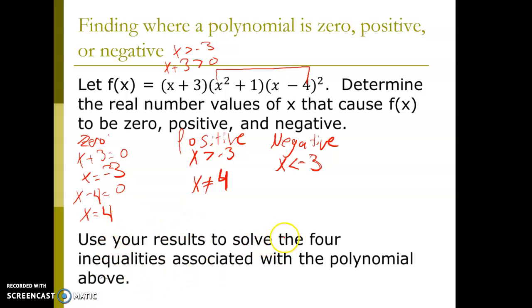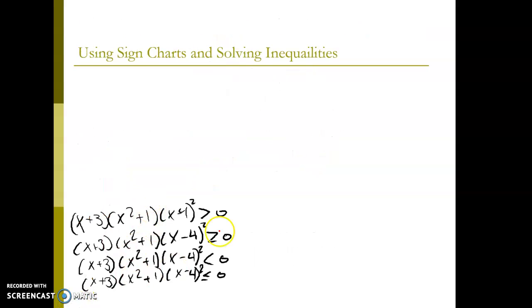So it says use your results to solve the 4 inequalities associated with the polynomial above. I actually wrote those out ahead of time. I am going to take what we just did and create what is called a sign chart. A sign chart is a chart where you plot the zeros that you get, the numbers that will equal 0, which we said were negative 3 and 4.